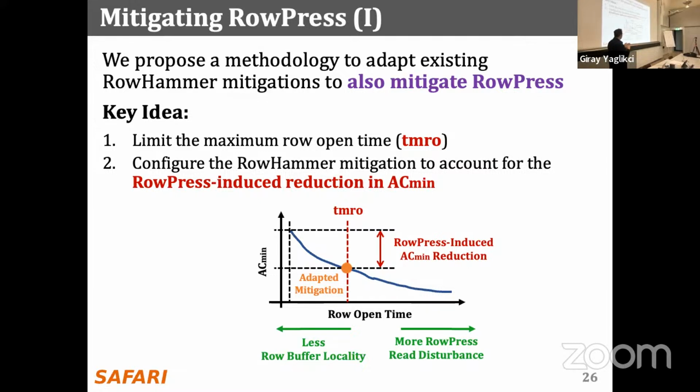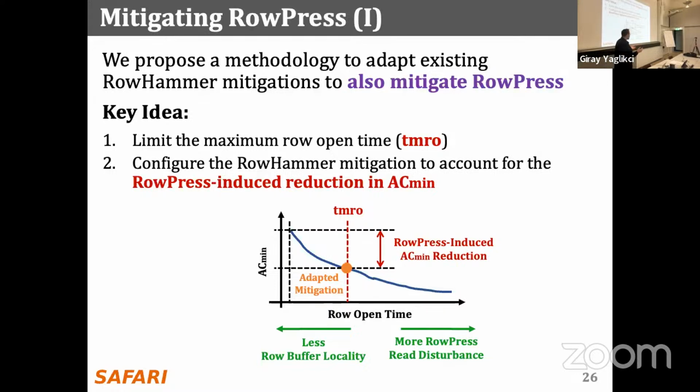So if you don't close the row for, let's say, 50 nanoseconds, you can increase the activation count by 1, even if there's no new activation. When you do that, the activation count will increase more rapidly, and it will reach the original threshold. So it's effectively doing the same thing the other way around.